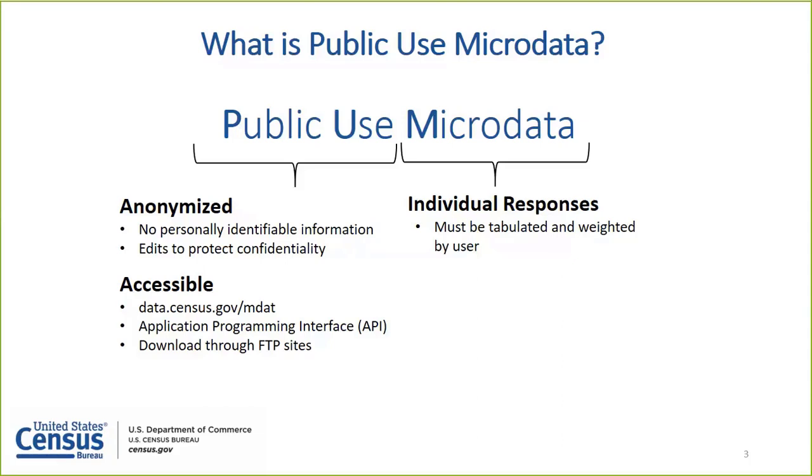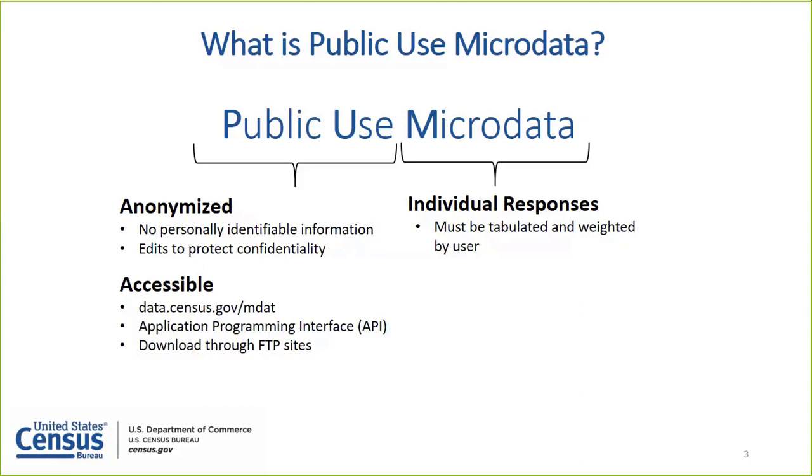Today we're going to focus on accessing it through data.census.gov/MDAT. You can also access this information through the Application Programming Interface, or API, and you can continue to download these microdata datasets through our FTP or File Transfer Protocol site, and then use your own statistical software in order to create your tables.